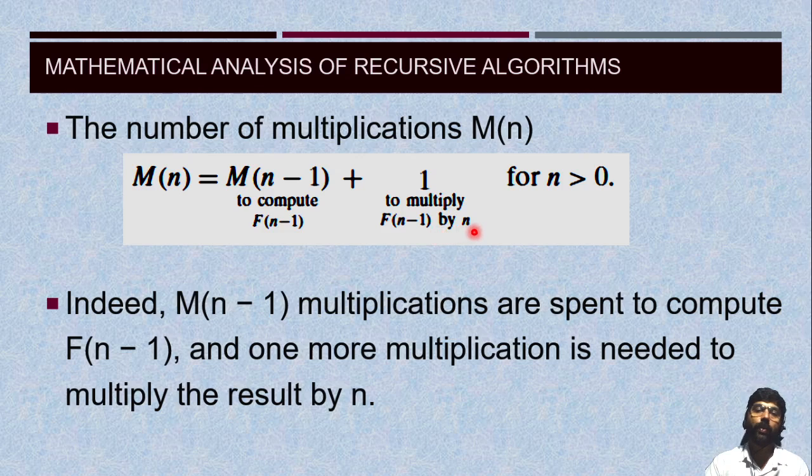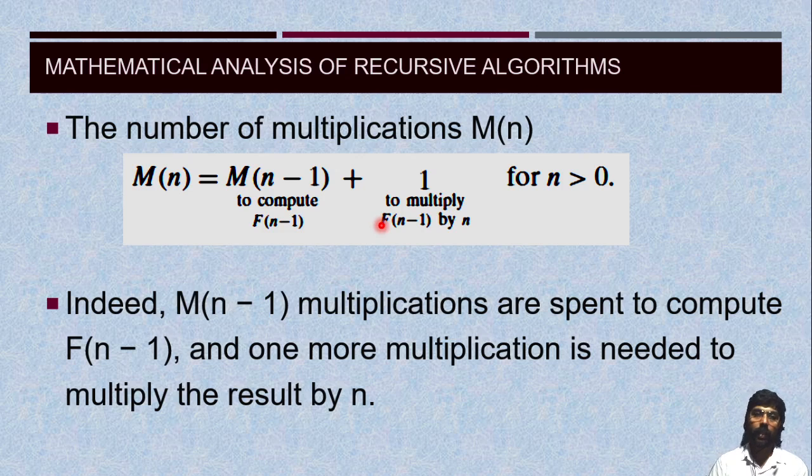So we need m of n minus 1 multiplications to compute factorial of n minus 1, and one additional multiplication for multiplying by n, whenever n is greater than 0.